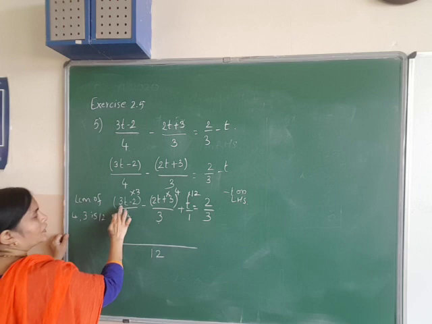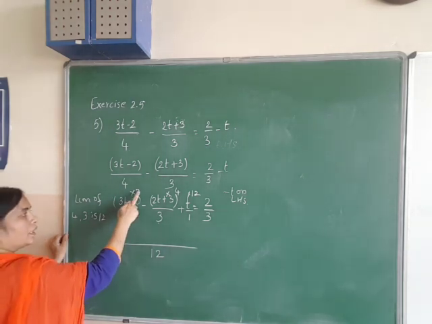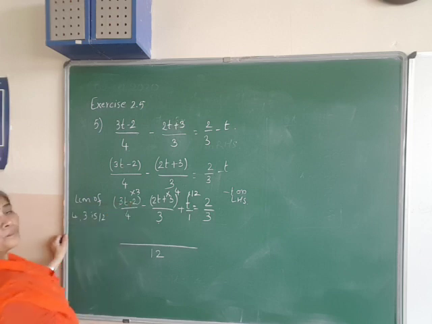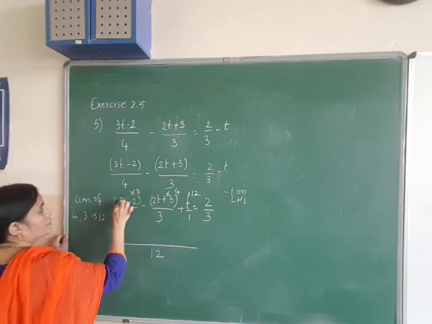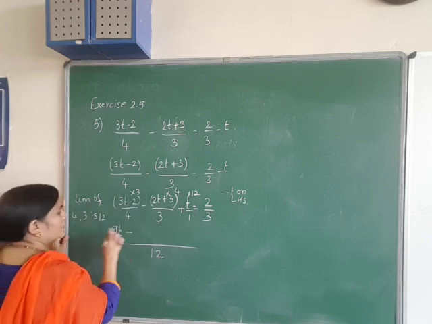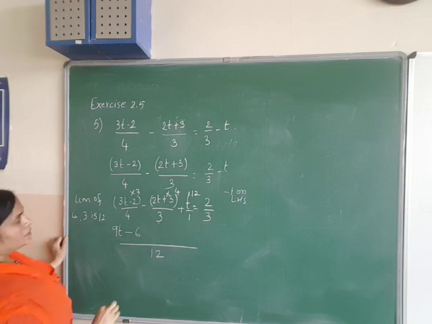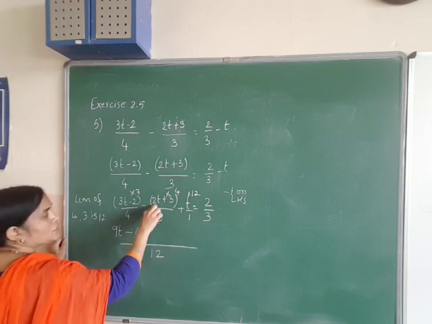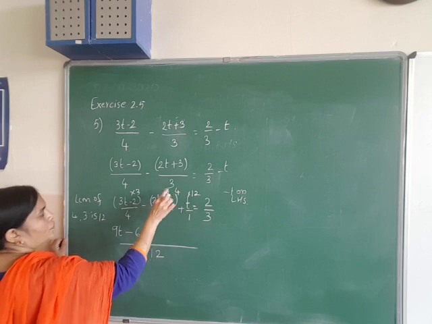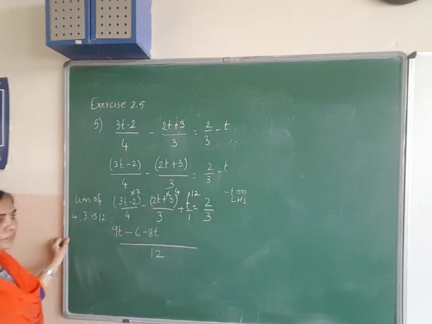Now 3 you have to multiply for both the terms, so that's why I have taken a bracket. 3 should be multiplied for both the terms. 3 into 3 is 9, minus, in between there is a minus sign, 3 twos are 6. Next, minus into 2, minus 2, 4s are minus 8t.